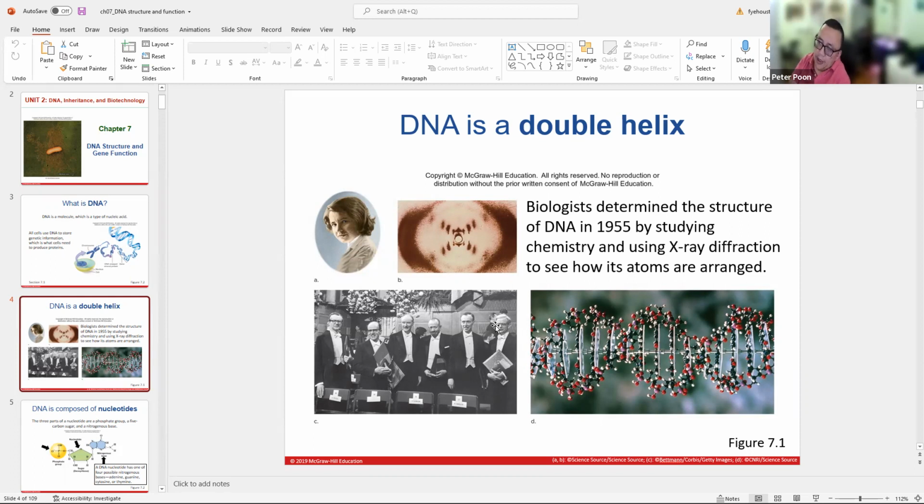Biologists determined the structure of DNA in 1955 by studying chemistry and using X-ray diffraction to see how the atoms are arranged. Basically, they shot a bunch of X-rays at it, and from the pattern they got, they realized this must be how DNA works.